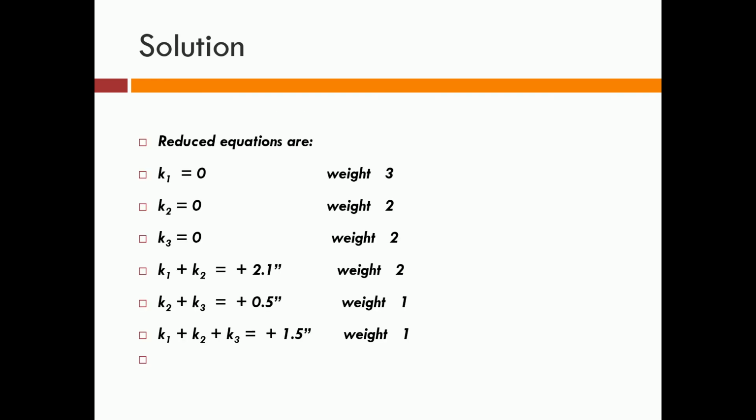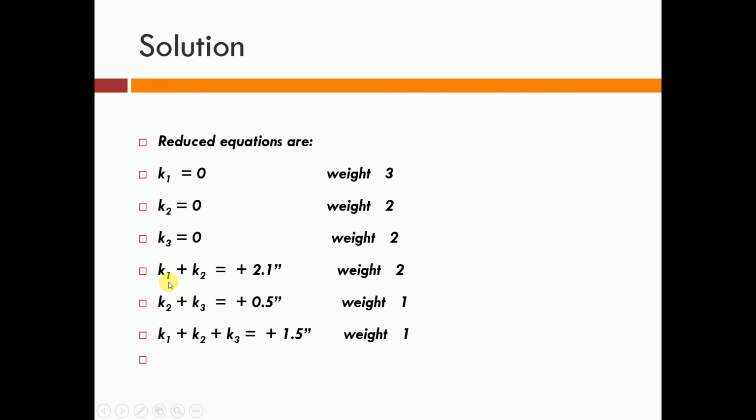In the second equation, the coefficient of K1 is 0 because no K1 term is here. So, do not consider this. In the third equation also the coefficient of K1 is 0. So, eliminate this. In the fourth equation K1 is here. Coefficient of K1 is 1. Weight is 2. So, multiply this equation with the product of weight and coefficient of K1, that is 2 into 1, 2.